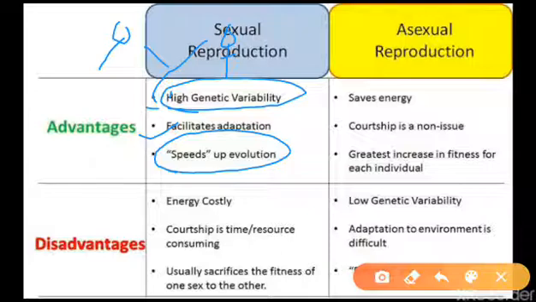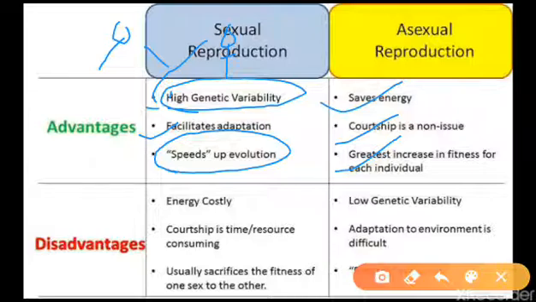Here we can see that asexual reproduction saves energy, courtship is a non-issue, and there is the greatest increase in fitness for each individual. In asexual reproduction, the most common advantage is the saving of energy. That means they are not wasting energy on reproduction. But in sexual reproduction, they spend energy for reproduction, and it consumes a lot of time.